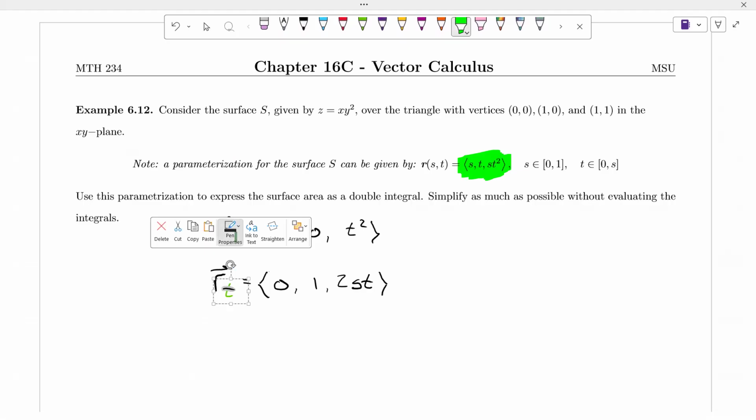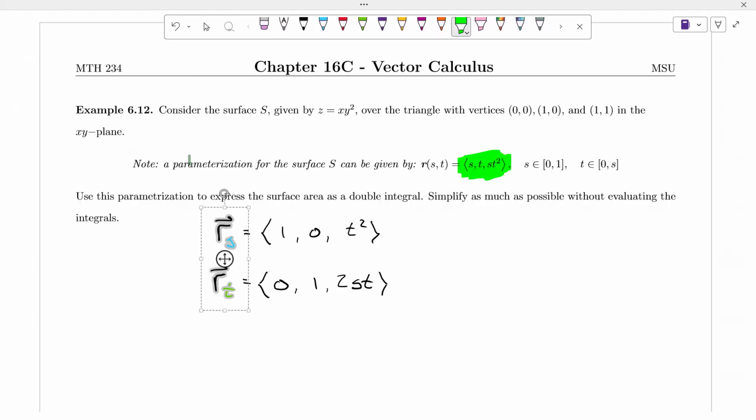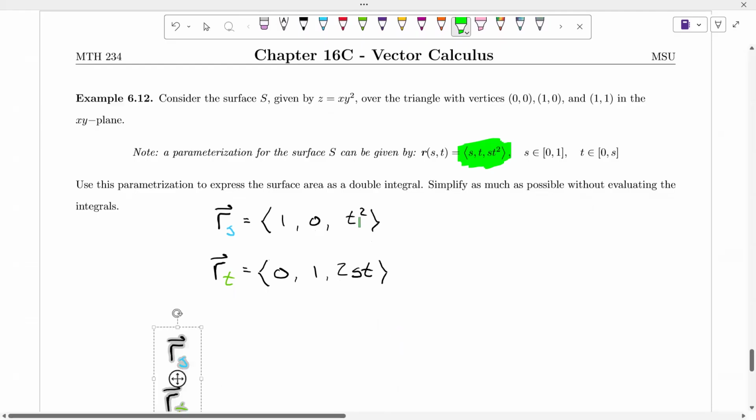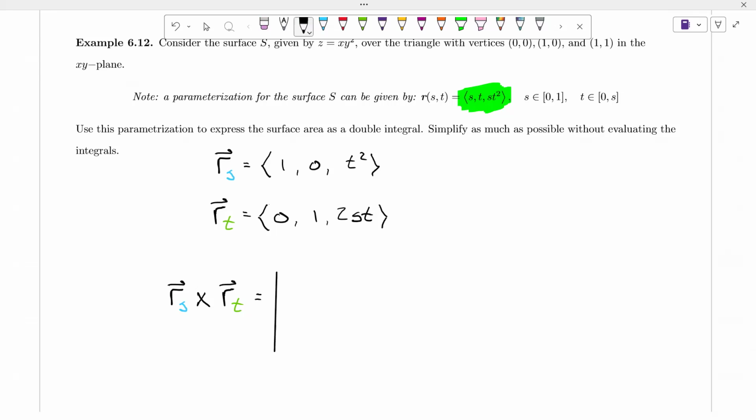And now I'd really like to get the cross product of those two vectors. So I want r partial s cross r partial t, and it'll look something like this. i, j, k goes across the top row, 1, 0, t squared across the middle row, and 0, 1, 2 st across the bottom row.